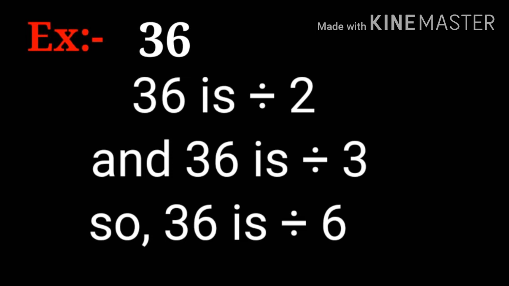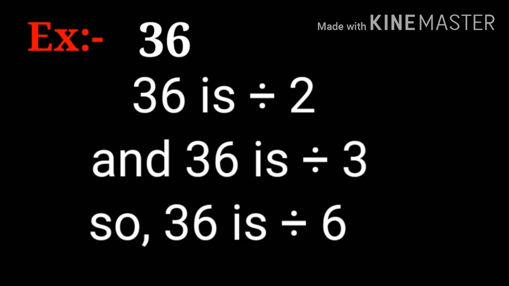Example 1, 36. Check whether 36 is divisible by 6 or not. First we have to check whether 36 is divisible by 2 or not. If 36 is divisible by 2, then start checking whether 36 is divisible by 3 or not.